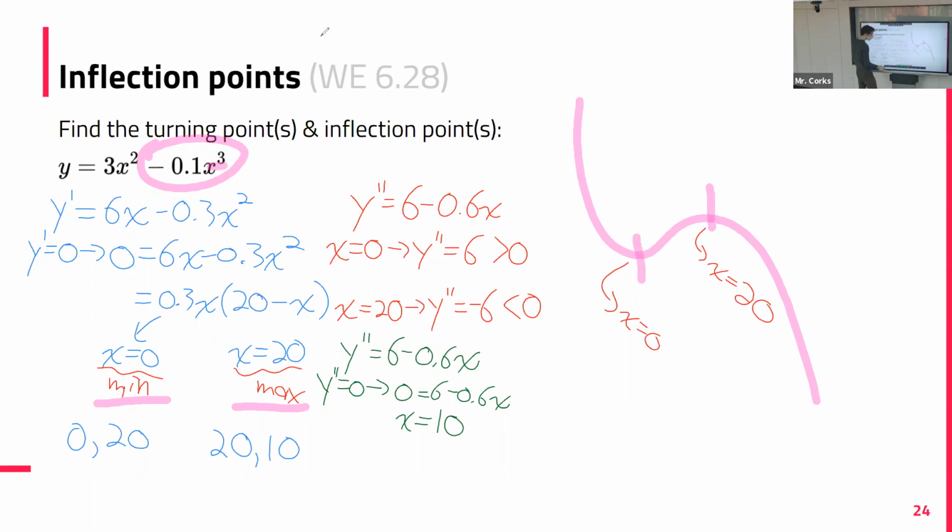And then we have this inflection point here, right here in the middle, where x equals 10. So we have the basic shape. We have 3 different kind of key points on this function, and we also know exactly where they are. We could just put these back into the original function and get the y values of each of these if we wanted to. We'll skip that here, but that would be a very easy extra step to do.